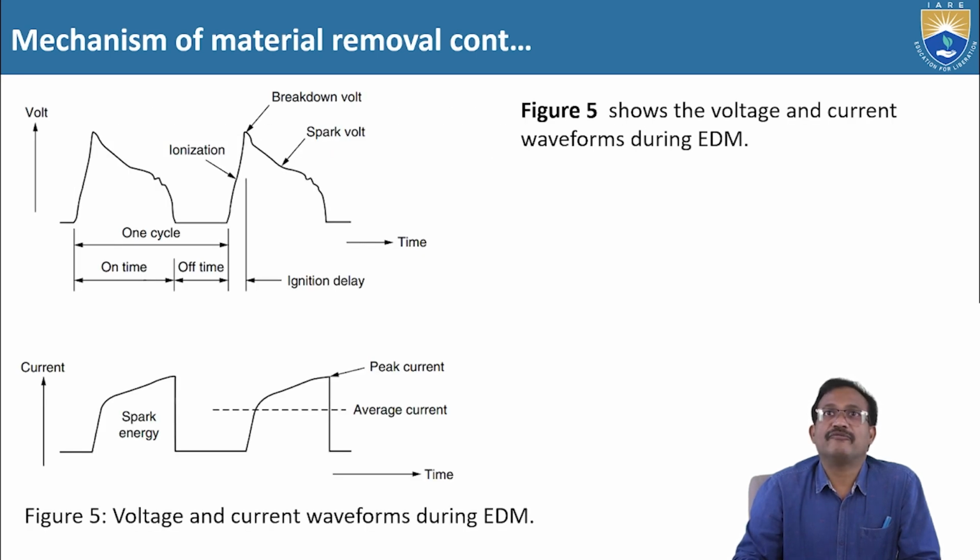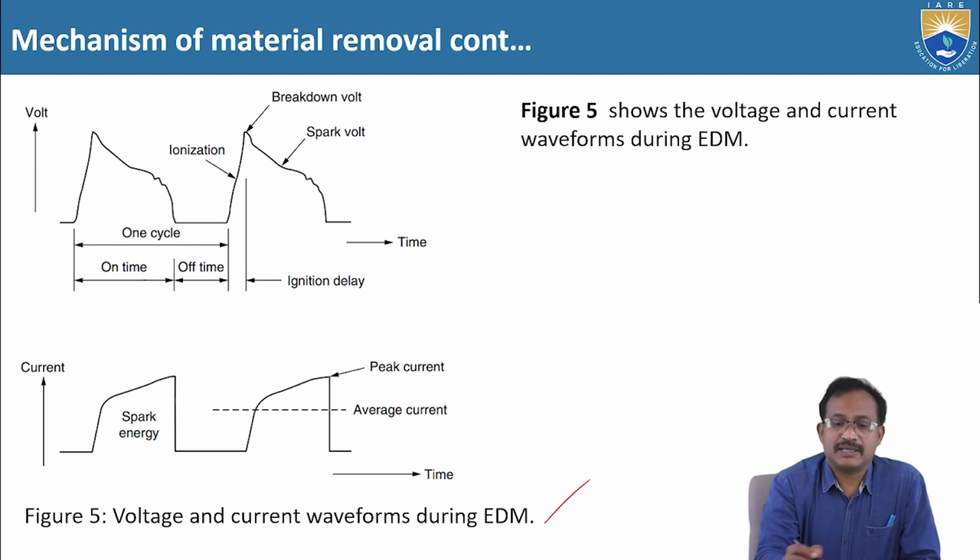Again, from figure 5 we have already seen the voltage and current waveforms during electric discharge machining. These voltage-time and current-time diagrams show breakdown voltage, spark voltage, ionization, ignition delay, spark energy, peak current and average current.